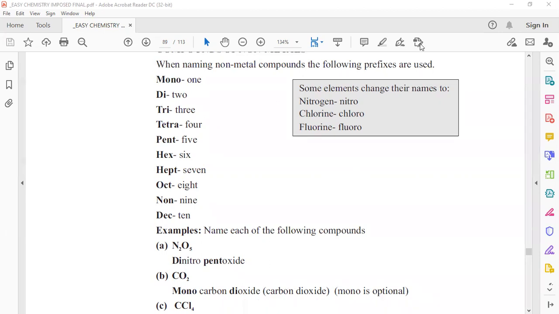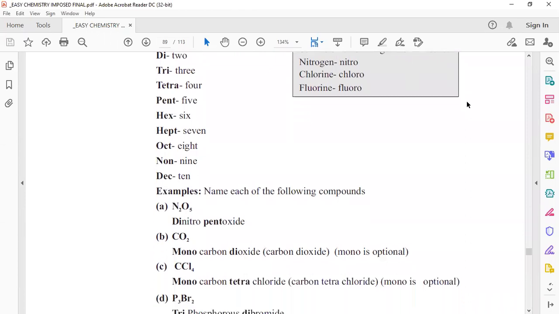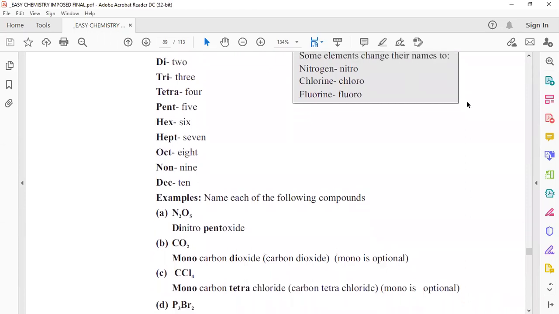Let's look at more examples. So we have P3Br2. That is a phosphorus and a bromine. We have 3 phosphorus. What is the meaning of 3? A 3 means tri. So we say triphosphorus.